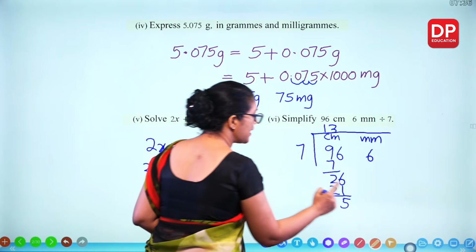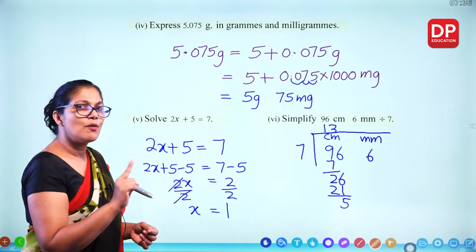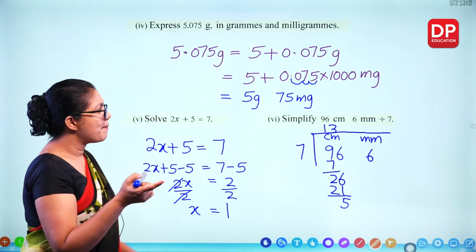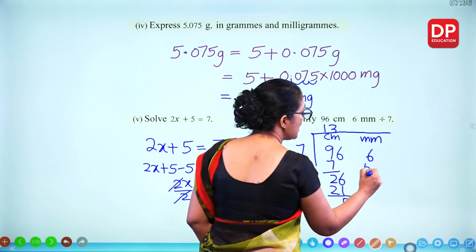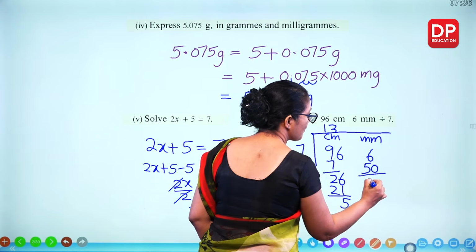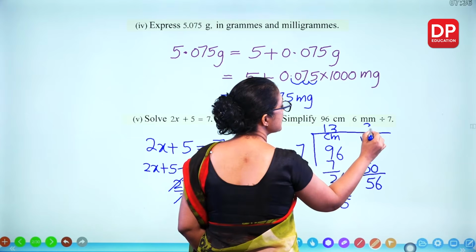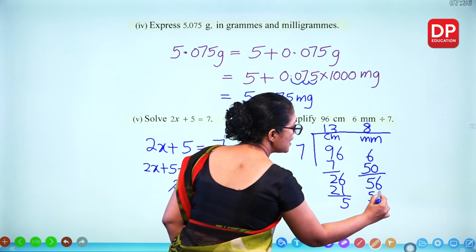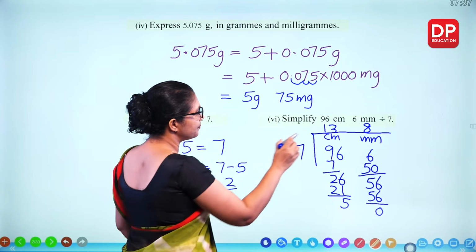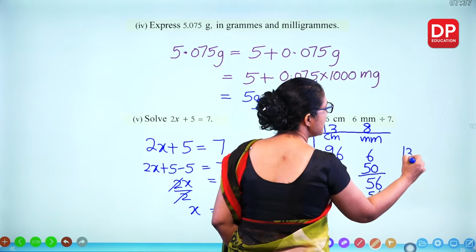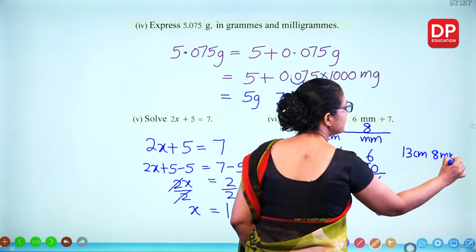So 5 remaining. 5 centimeters means how many millimeters? What's the conversion? Multiply by 10. So 5 means 50 millimeters there. So you get 56 now. 7 times 8 is 56. So remainder is 0. So what's the answer? 13 centimeters and 8 millimeters.